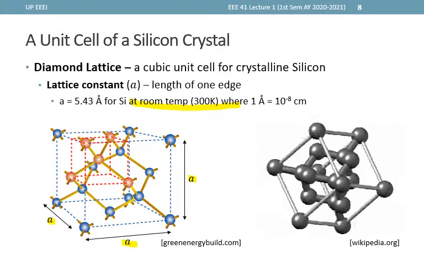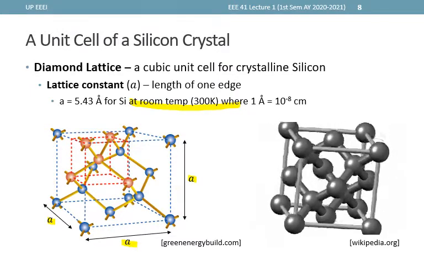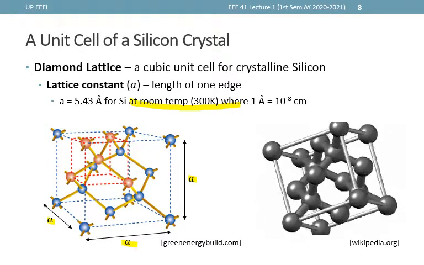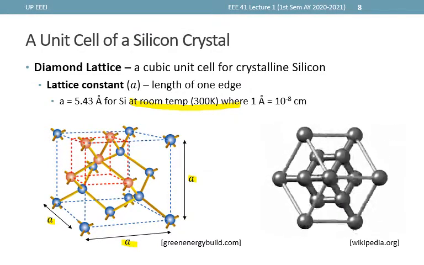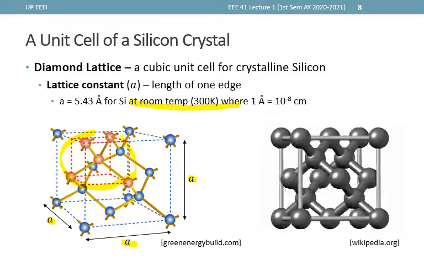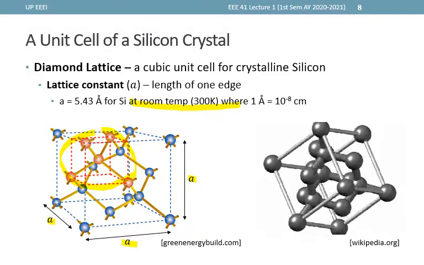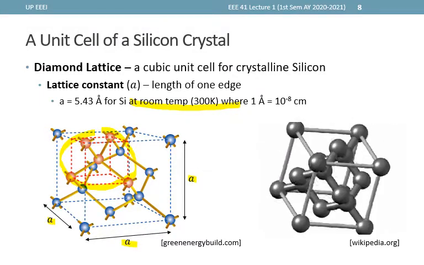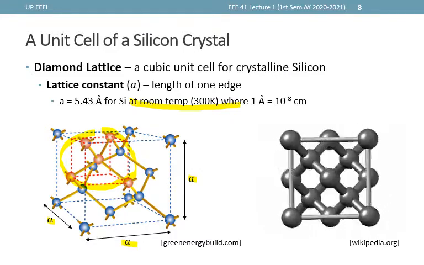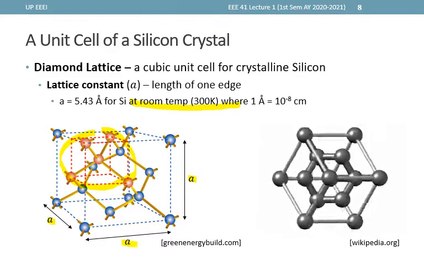We also note that each silicon atom forms a tetrahedral structure occupying a smaller cube with its 4 nearest neighbors. However, this smaller structure cannot be considered as a unit cell of the silicon crystal as it will not produce the crystal structure when repeated.